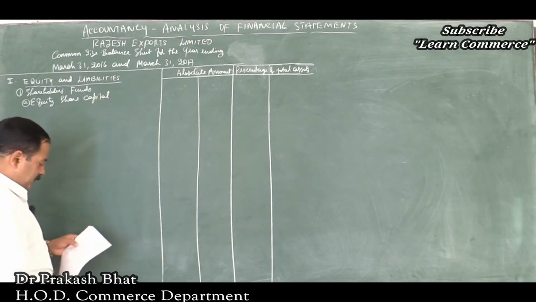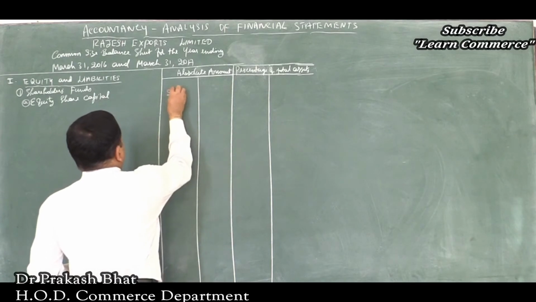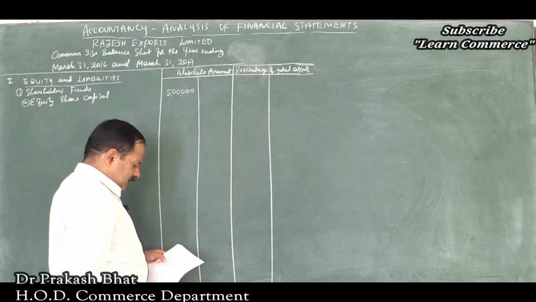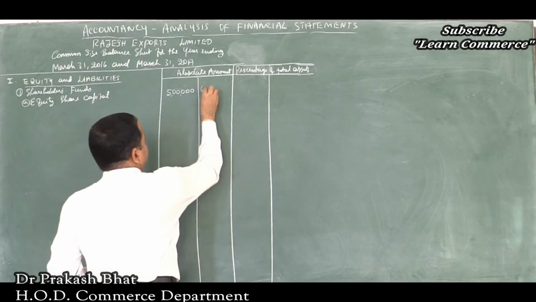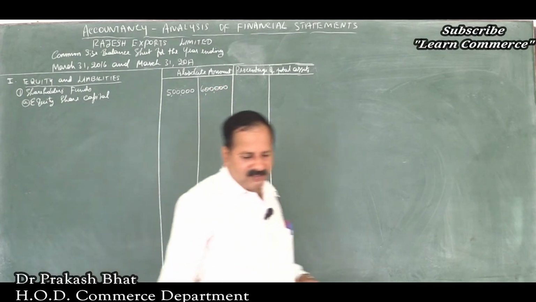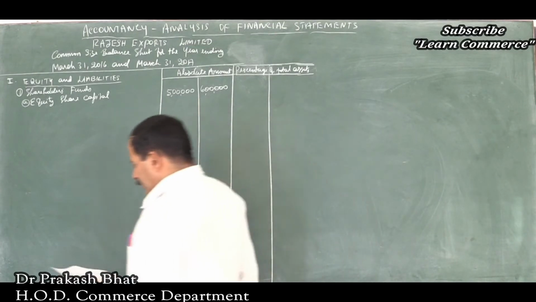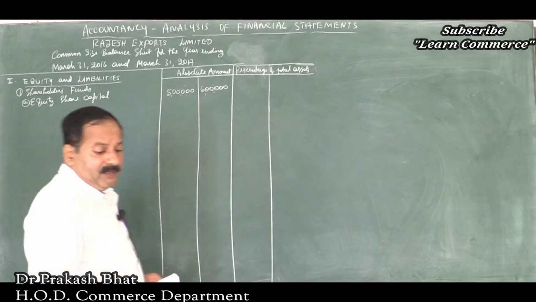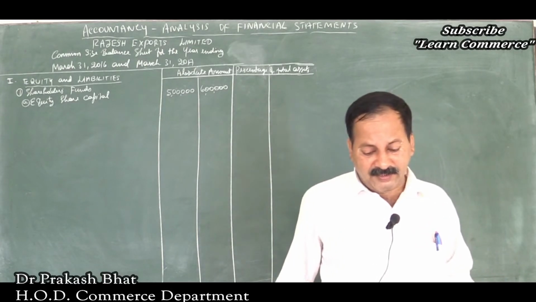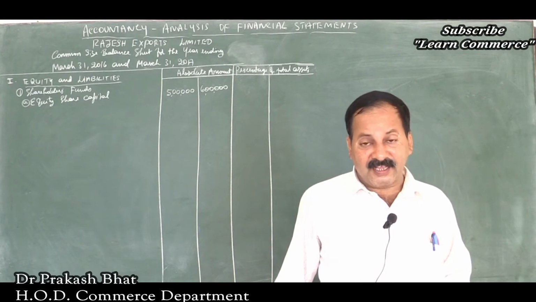Equity share capital, that is 5 lakh. Write the same amount whatever is given in the problem. 5 lakh and 6 lakh, correct? Yes, it is. Now what we will do is, we will take 14 lakh 50,000 first year, and current year 15 lakh 75,000 as 100.